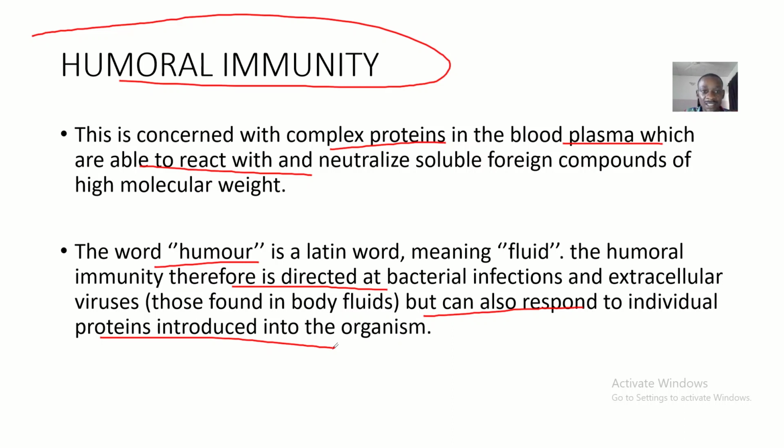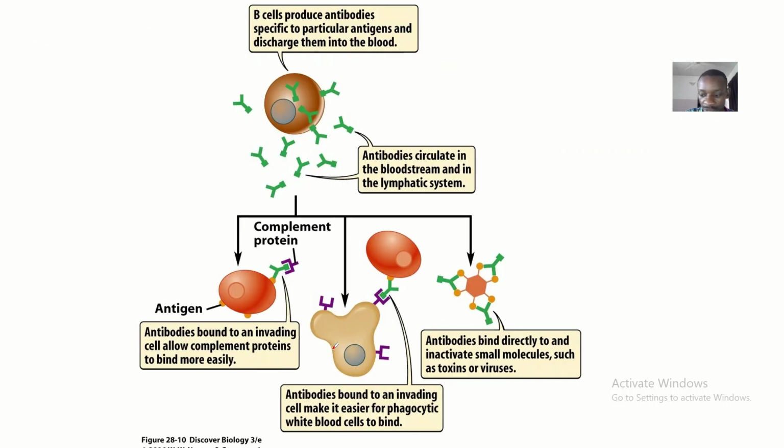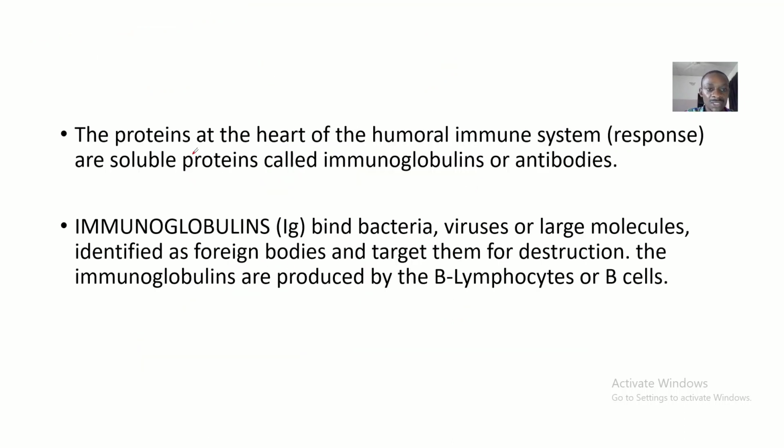It can be some drugs that can be injected into you, not really bacteria or viruses. So the humoral immunity can act on bacteria, viruses, and also different types of proteins.